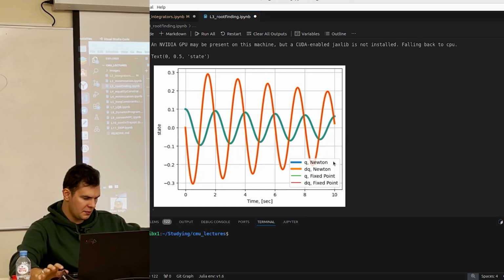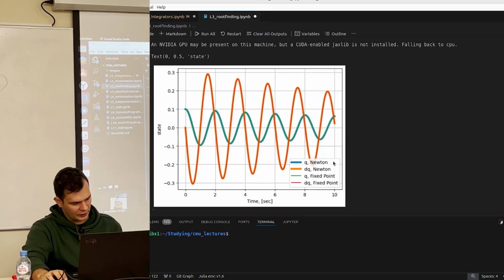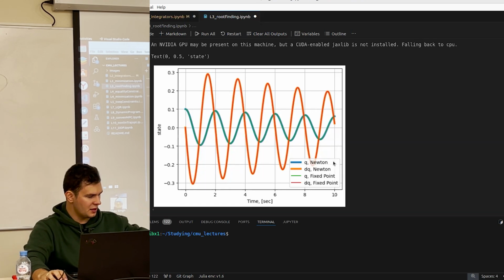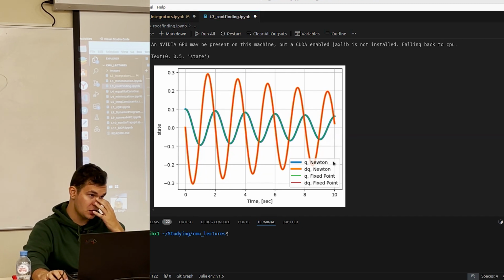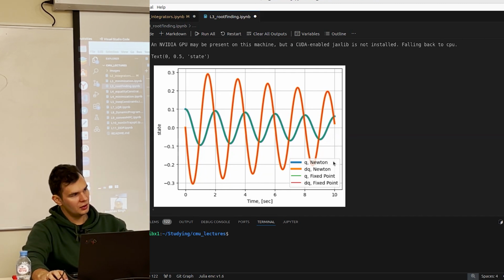So that's not the point of our discussion. The idea is that there are explicit and implicit methods. Explicit methods use the previous state, implicit methods use an estimation of the future step. And how do we compute it? We compute it by optimization, and we iterate until convergence.